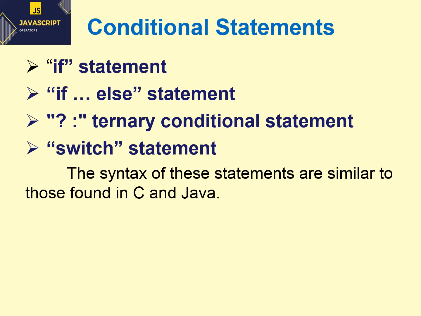If that expression is true, it will execute the statement in between the question mark and colon. Otherwise, if the condition before the question mark is false, it will execute the statement after the colon symbol. That is the idea of the ternary conditional statement.